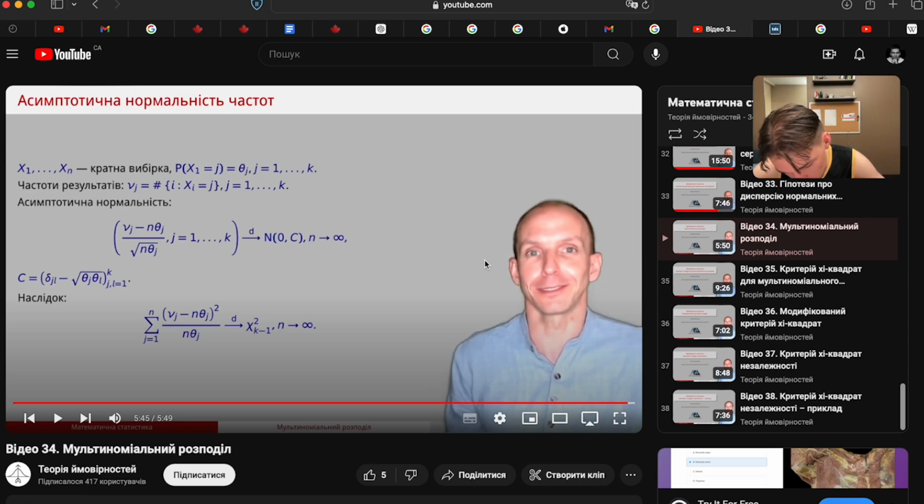Our vector nu_j minus n times the probability of j, divided by the square root of n times the probability of j, for j from 1 to k, converges in distribution to this normally distributed vector as n tends to infinity, where C equals this matrix: the indicator of j equals l minus the square root of the product of the two probabilities p_j and p_l, for j, l from 1 to k. Great.